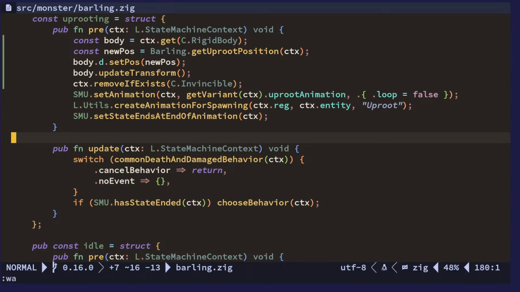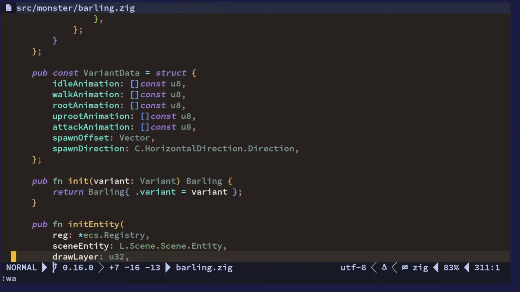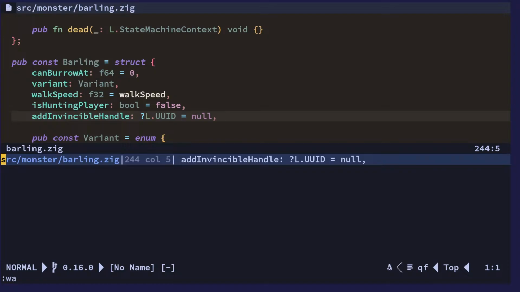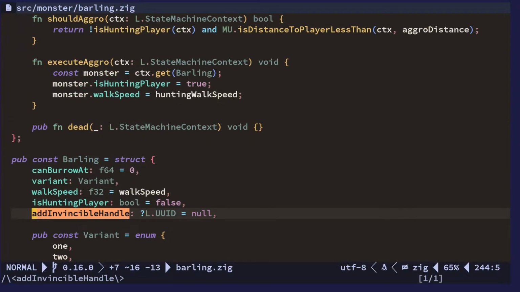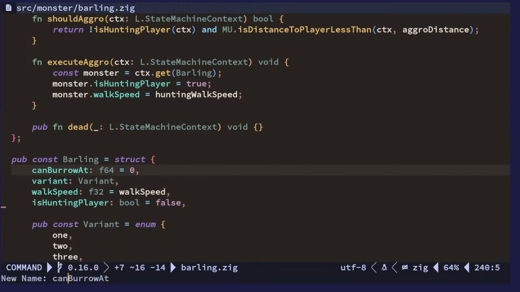Now I'm not sure if this will fix the bug where they are invincible, but let's try it. Also, now we can remove this thing here. There we go. I'm just going to do this while I'm at it.